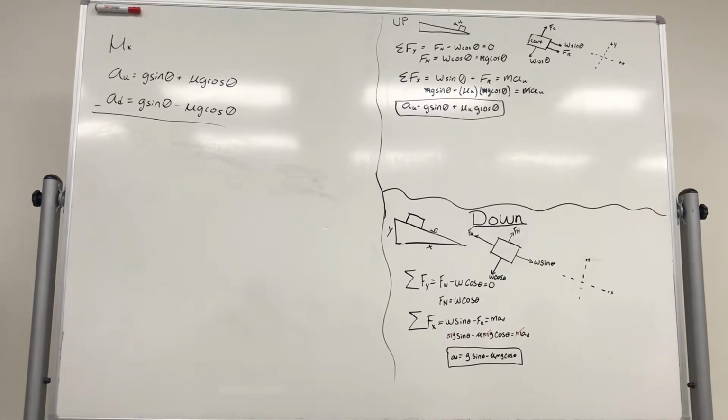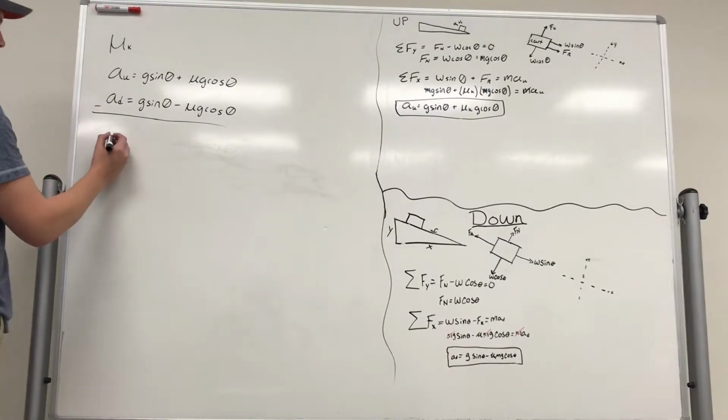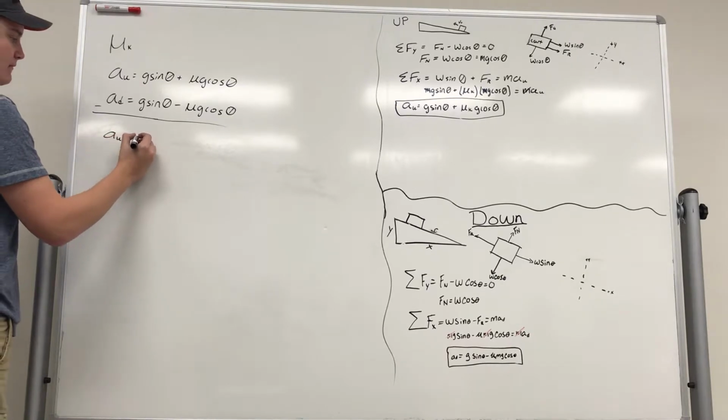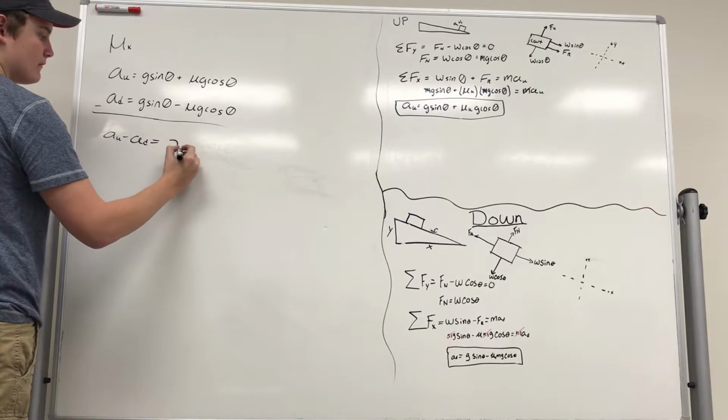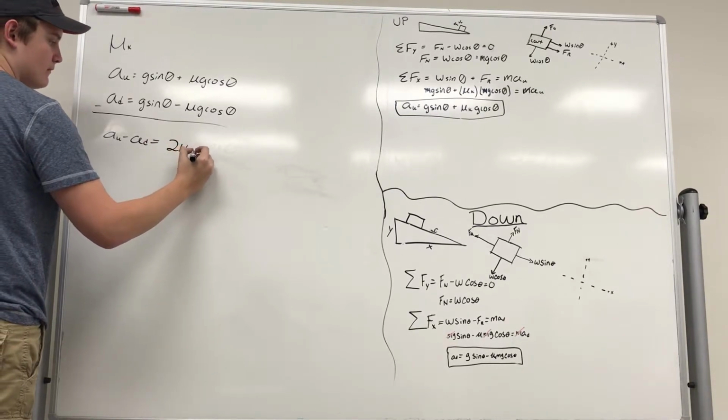So from the given equations, we need to subtract the two to get rid of g sine theta. And by doing so, we get AU minus AD, which equals 2 mu times g times cosine theta.